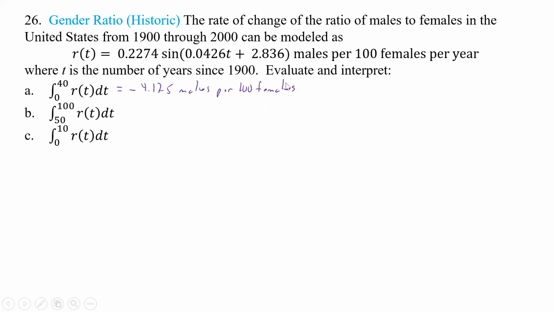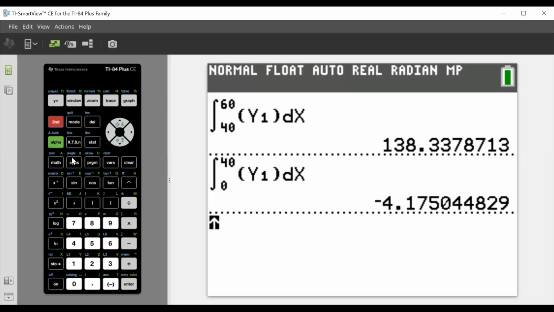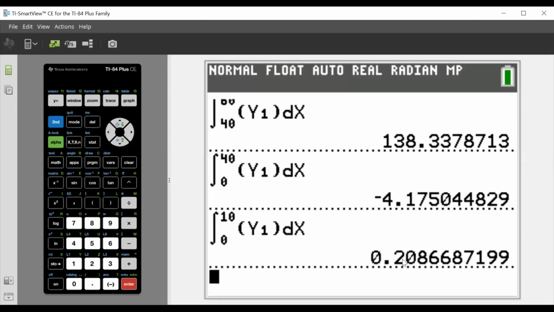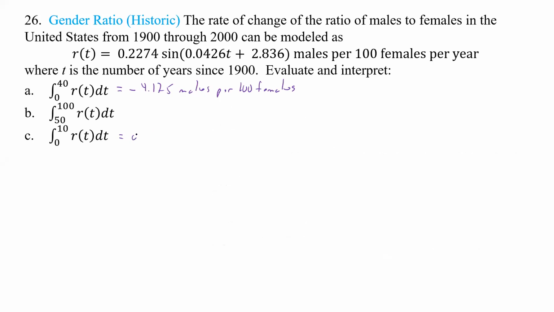We're not going to interpret it yet. We'll write all the numbers down, then we'll interpret after that. Actually, let's do the last one first. It was from 0 to 10, so we can just change that one number. 0.209. So this is 0.209 males per 100 females. And now we want 50 to 100.